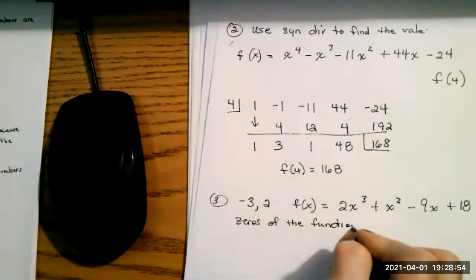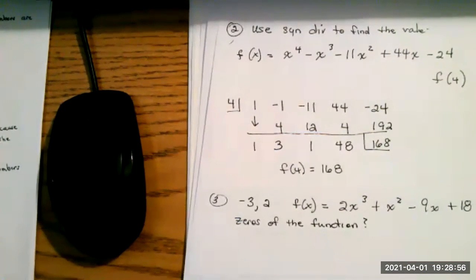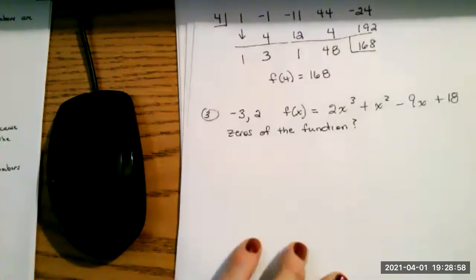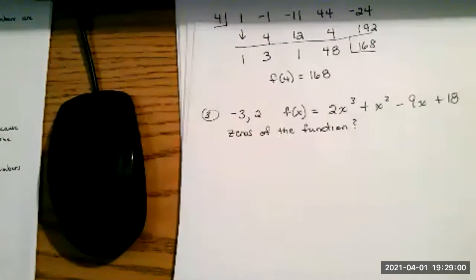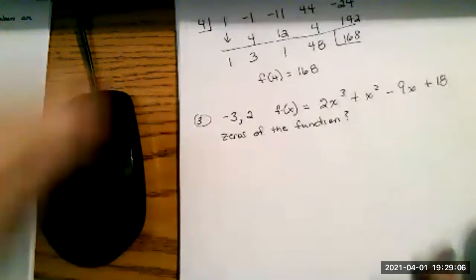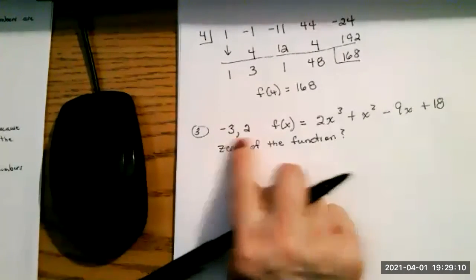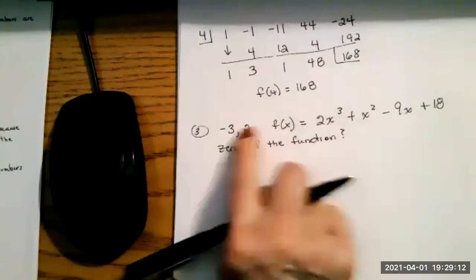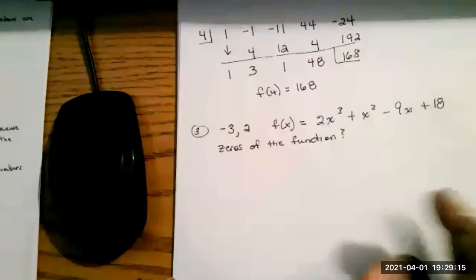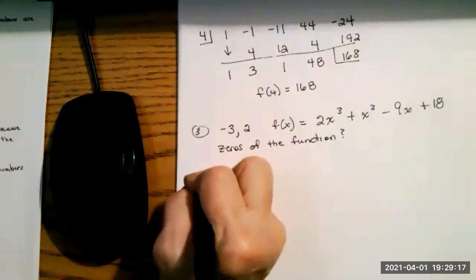So what we're looking for is to see if our remainder is 0. If the remainder is 0, the answer is yes. And if the remainder is not 0, the answer is no. We could do the same thing by putting these in here for x and see what you get when you do all that. But I think it's a little easier.